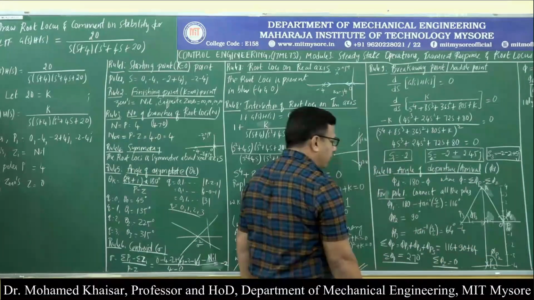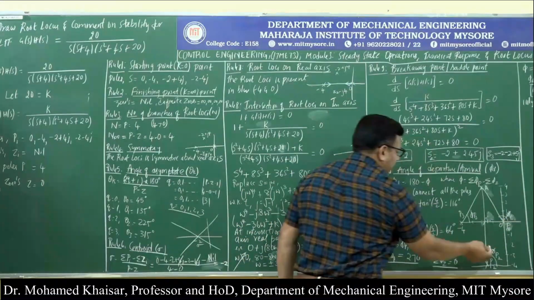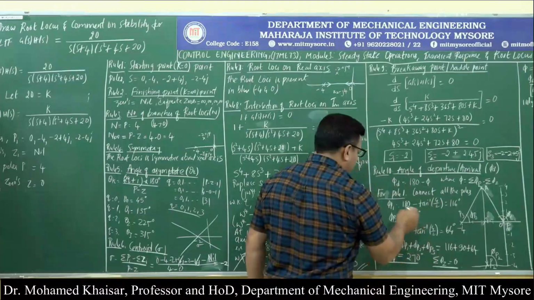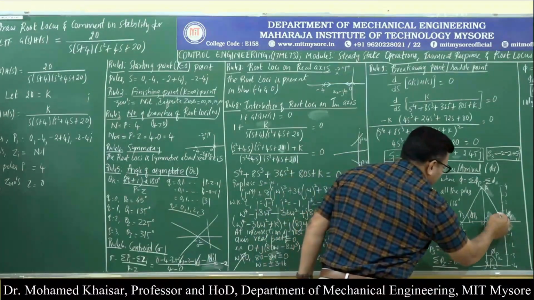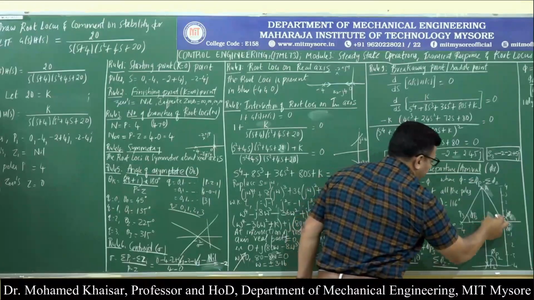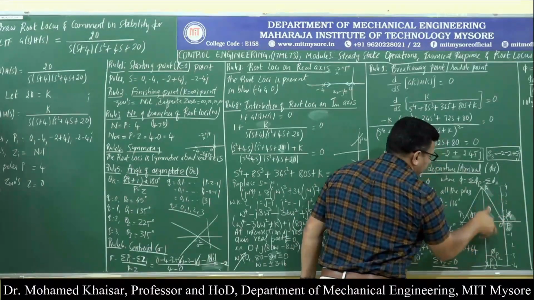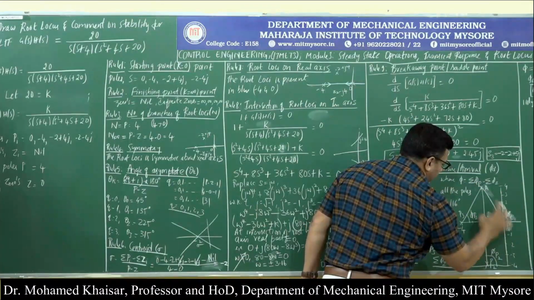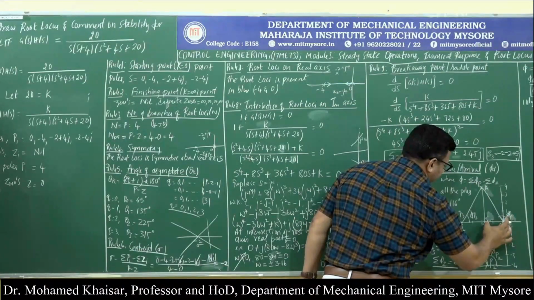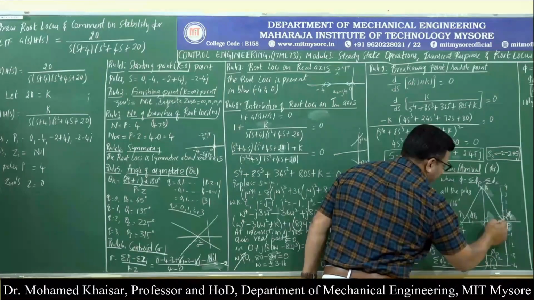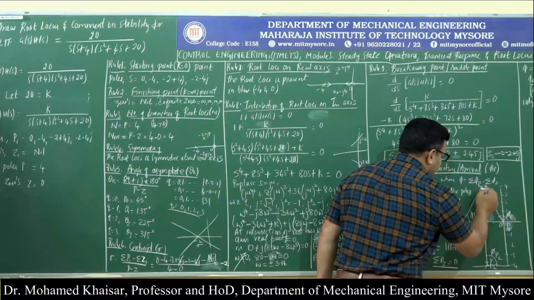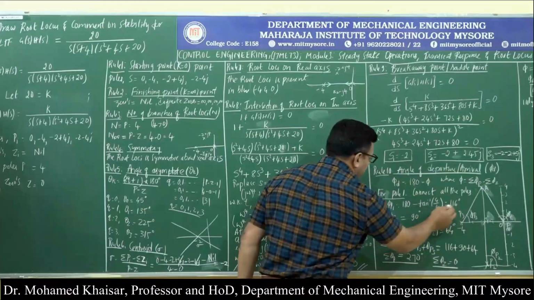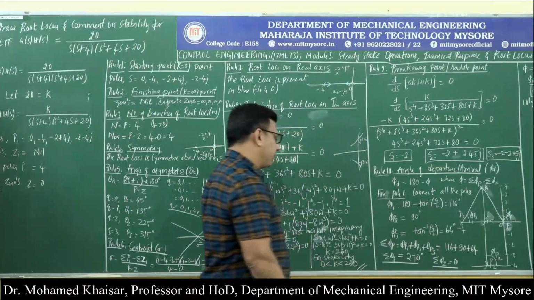Phi p1 is 180 degree minus this angle, that is 180 minus tan inverse of opposite side 4 divided by adjacent side 2, which gives 116 degree.